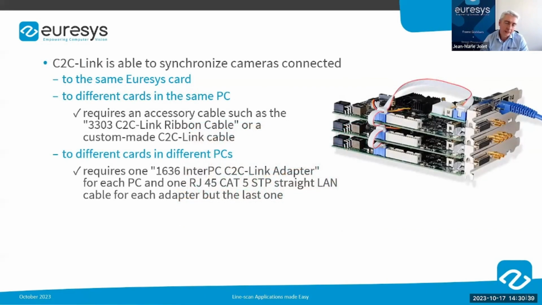C2C link is able to accurately synchronize cameras connected to the same frame grabber, to different frame grabbers in the same PC, or even to different frame grabbers plugged in different PCs. And of course, we provide dedicated accessories to achieve this task.